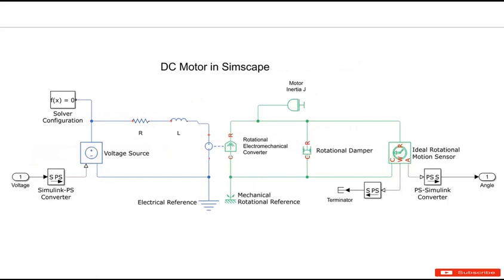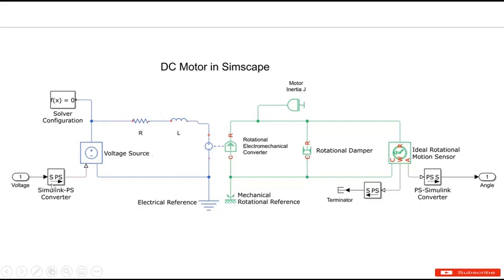While if you were to model this in Simscape, it will look like this. Okay, so you can see it's not based on the differential equations of your system, but on the physical connections, the physical electrical circuits and how the mechanical parts are connected. The electrical side of the DC motor is basically an RL circuit, right?